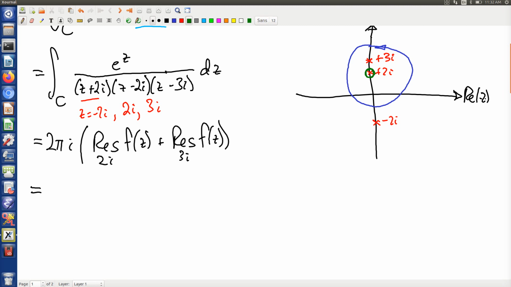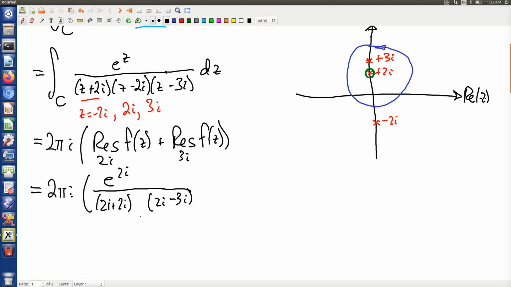So really, this is going to be 2 pi i times e to the 2i over (2i plus 2i)(2i minus 3i). That's this first residue.